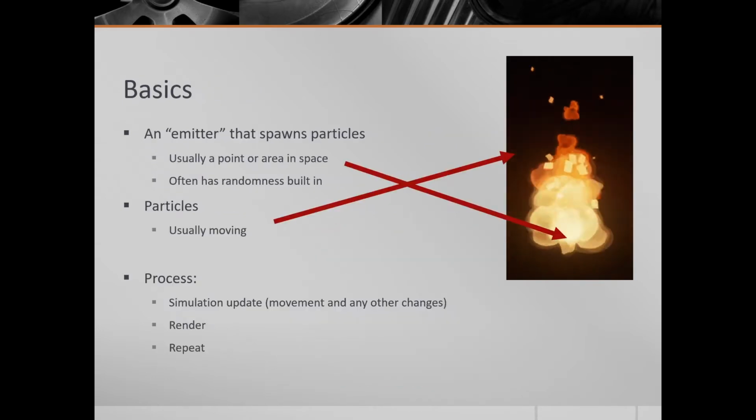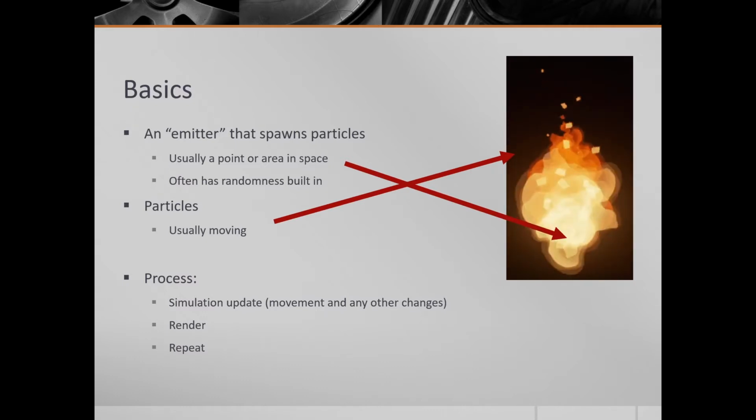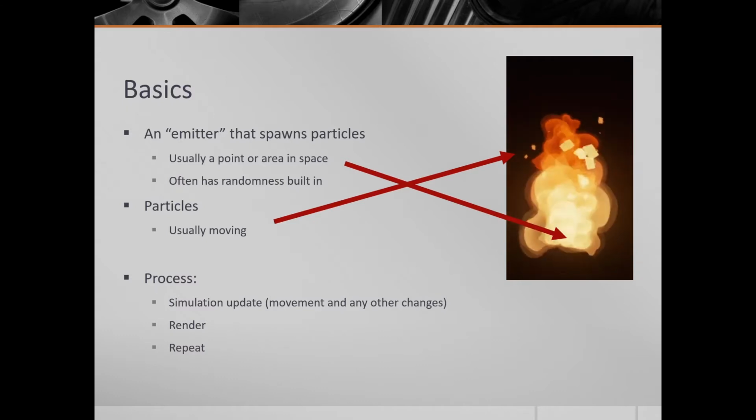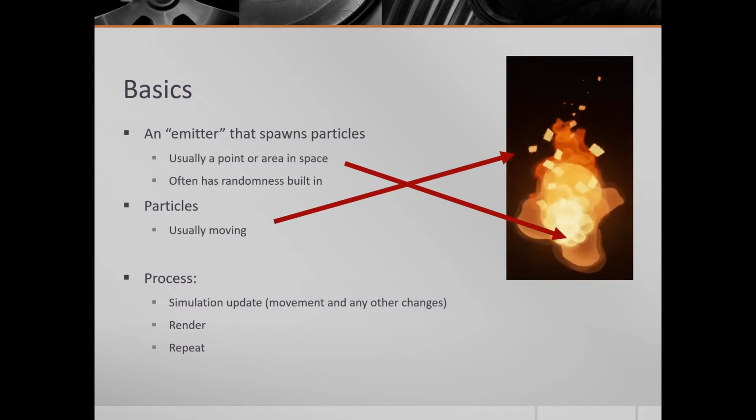There are two elements that you really need to think about with particle systems, which are emitters and particles. An emitter is a system that spawns new particles. And this is usually based on either a point in space or an area in space. And there's usually some kind of randomness built into how it spawns particles. And an emitter itself can change over time.